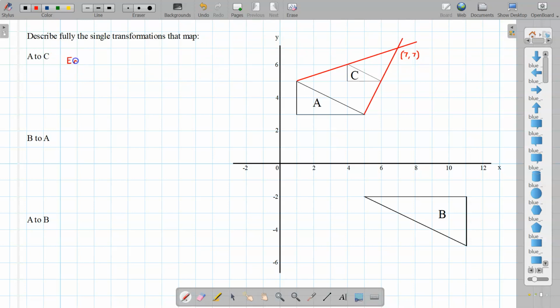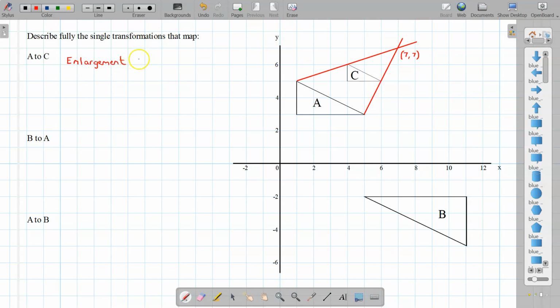Enlargement. You must use that word. There's one of 4 words you can use to describe a transformation: it's either a rotation, a reflection, an enlargement, or a translation.